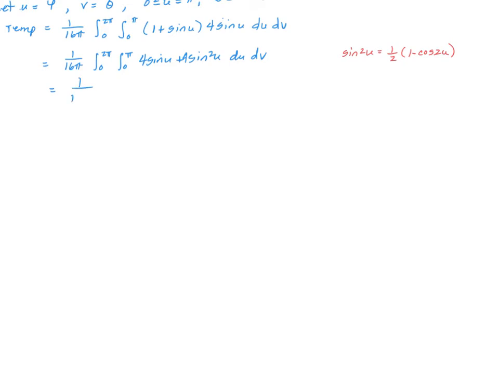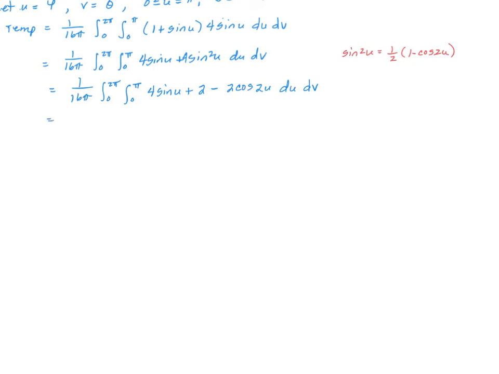So we have 1 over 16 pi, integral from 0 to 2 pi, integral from 0 to pi. And this is going to be 4 sine of u plus 2, minus, sorry, minus 2 cosine of 2u du dv.